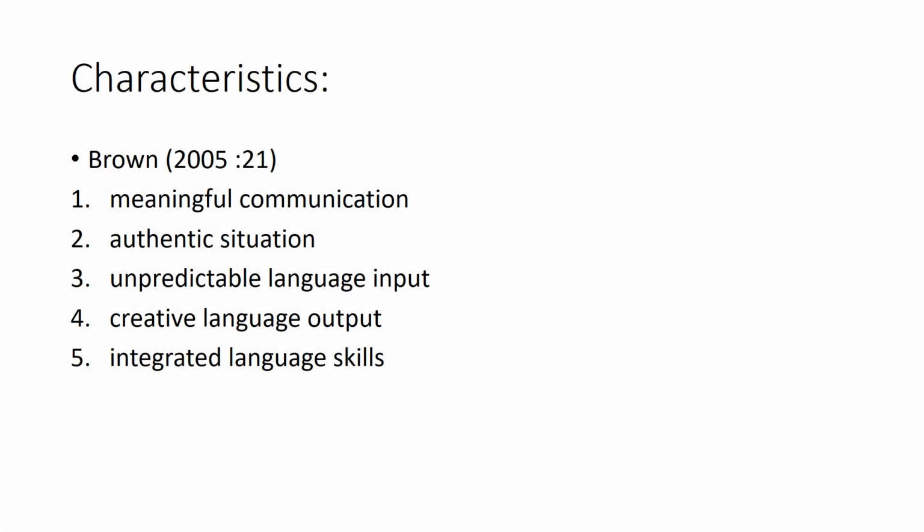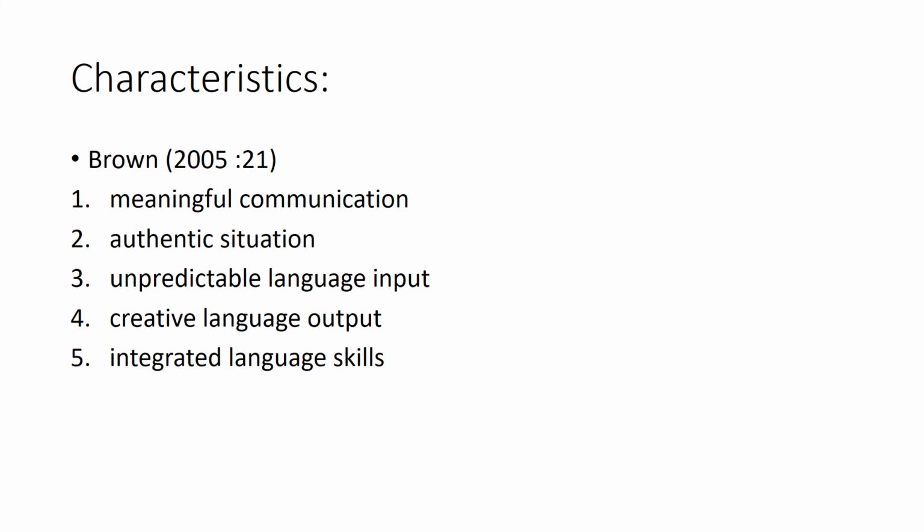Then we have characteristics. What are the characteristics of a good communicative language test? According to Brown in 2005, there are 5 requirements for setting up a communicative test. What are these 5 requirements or features?